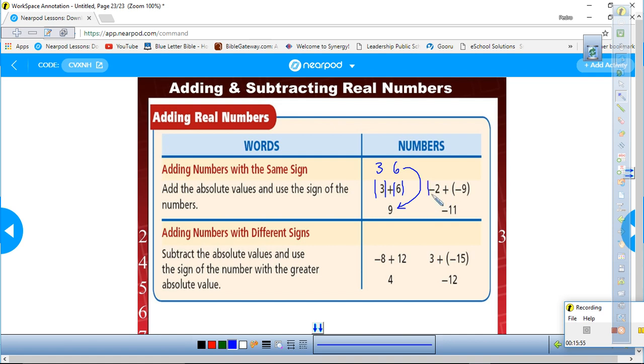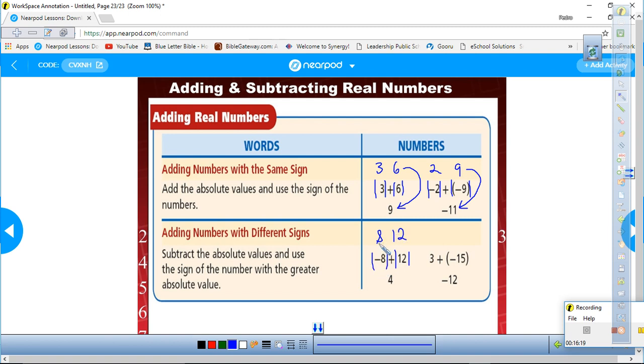Here goes again. Absolute value of negative 2 is 2, absolute value of negative 9 is 9. Are these the same sign? Yes, so we add and we keep the sign. Both of them are negative, so 2 plus 9 is 11, so it becomes negative 11. Are we there so far? Okay, let's go over the bottom ones. Absolute value of negative 8 is 8, absolute value of 12 is 12. Are these the same sign? No, so we subtract now.